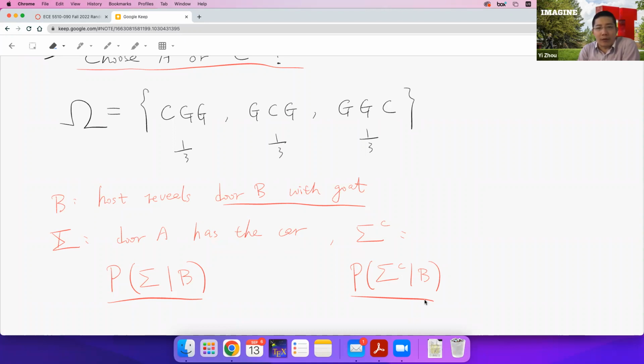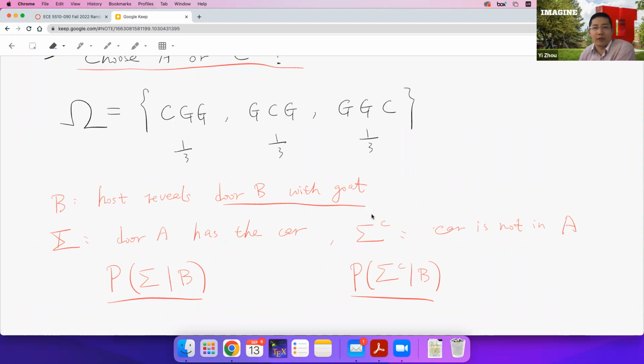Sigma complement is not door A, the car is not behind A. But condition on B, what is B? B says that door B has the goat, not the car.